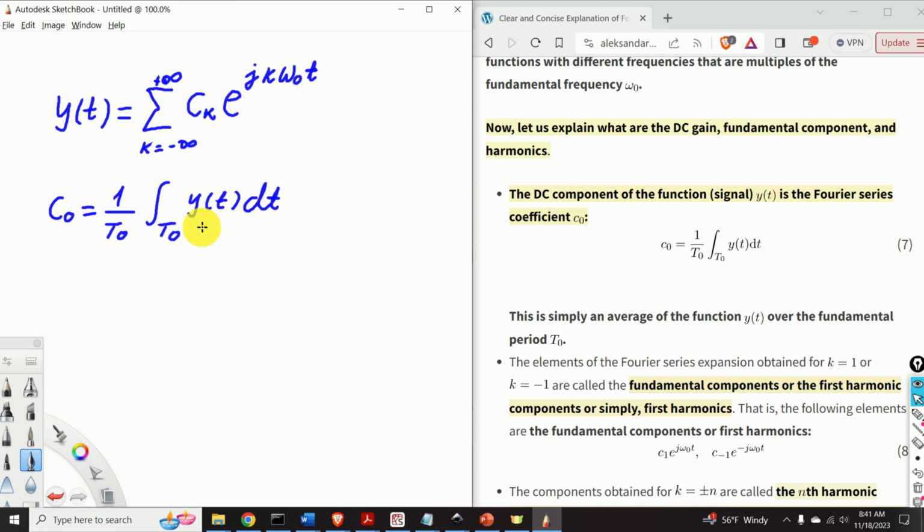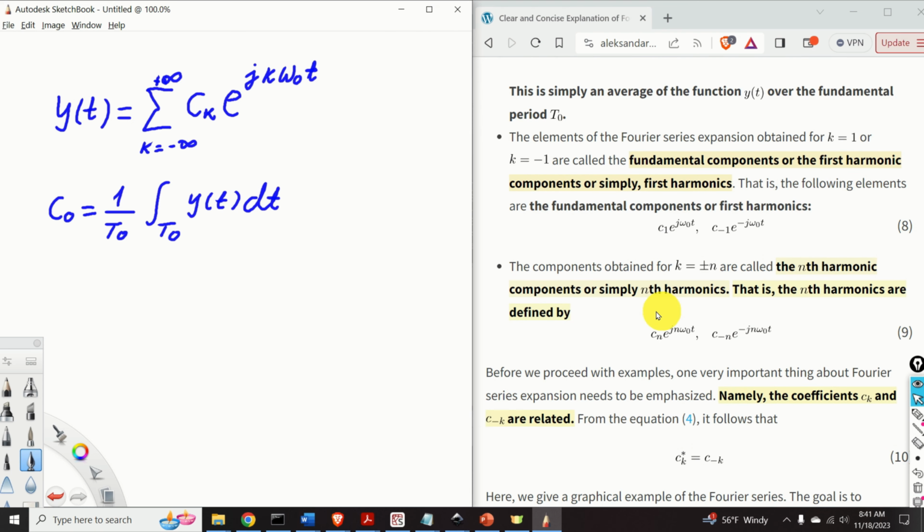Then, the elements of the Fourier series expansion obtained for k equal to 1 or k equal to minus 1 are called the first harmonic components or simply first harmonics.